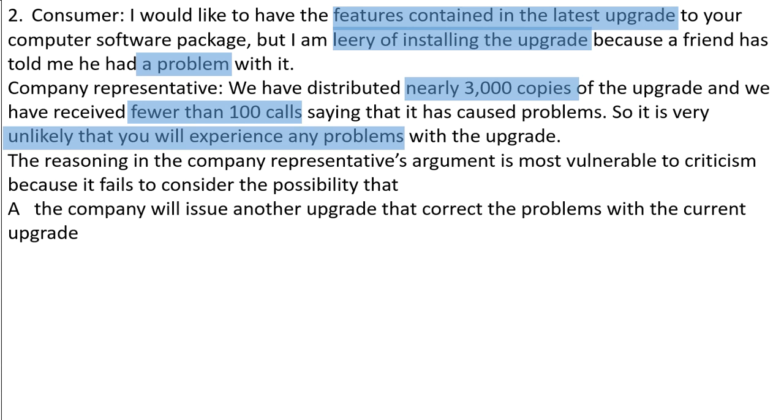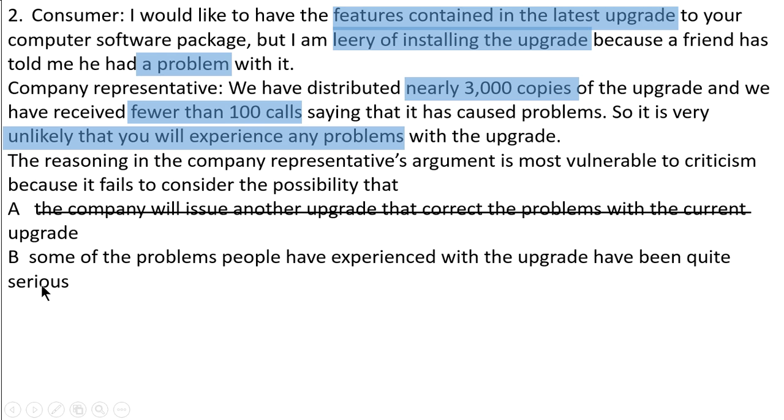This doesn't talk about countering the representative's argument, so option A is eliminated. Option B: some of the problems people have experienced with the upgrade have been quite serious. Option B says that the problems are serious. Does it make any comment on the representative's argument? No. So option B is also eliminated.